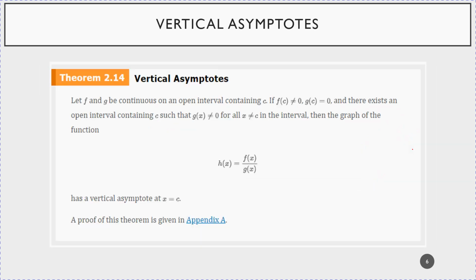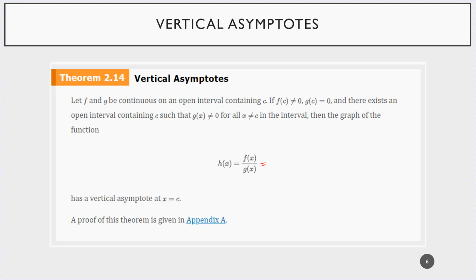All right, so when you have a function that's described this way, let f and g be continuous on an open interval containing c, okay? As long as f of c is not equal to 0, but g of c is equal to 0, and there exists an open interval containing c such that g of x is not equal to 0 for all x not equal to c in the interval, then the graph of the function h of x equals f of x over g of x has a vertical asymptote at x is equal to c.